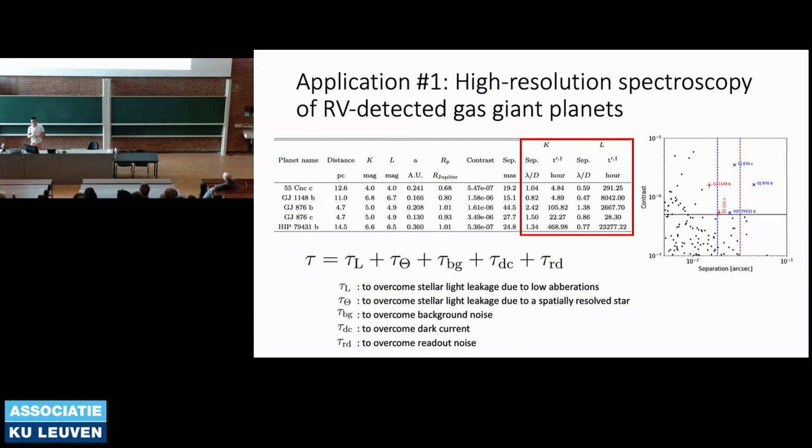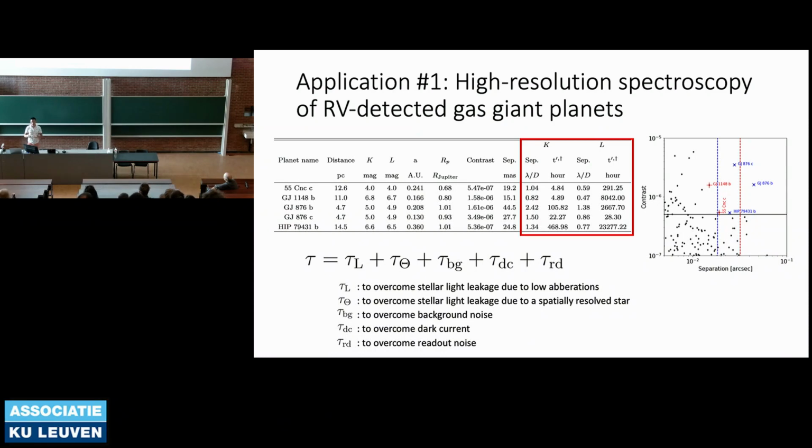If you focus on those columns with the T here, which is the exposure time, for some of the planets it takes less than 10 hours to reach a signal-to-noise ratio of 5 in detecting certain molecules in the planet atmospheres, right? 20 hours for GJ 876, it's still manageable, but for those planets that require 400 hours, that's totally intractable. But for some of the directly radial velocity detected gas giant planets, we can actually use this technique to study their atmospheres.